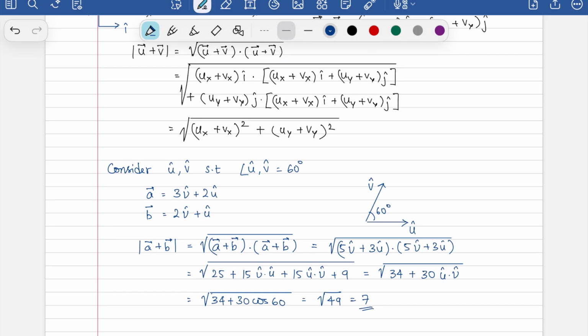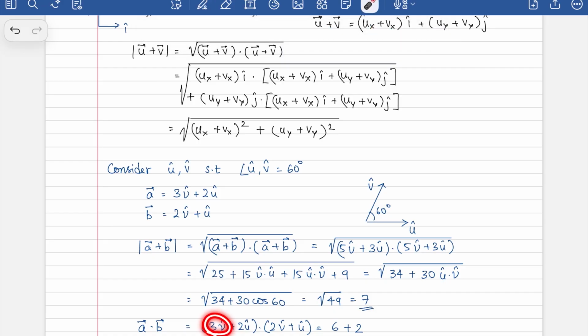Okay. Can you now do a vector dot b vector? So you'd have 3v hat plus 2u hat dot 2v hat plus u hat, which then gives you 6 plus 2, right? 3v hat, 2v hat, so that is 6. 2u hat, u hat, that is 2.